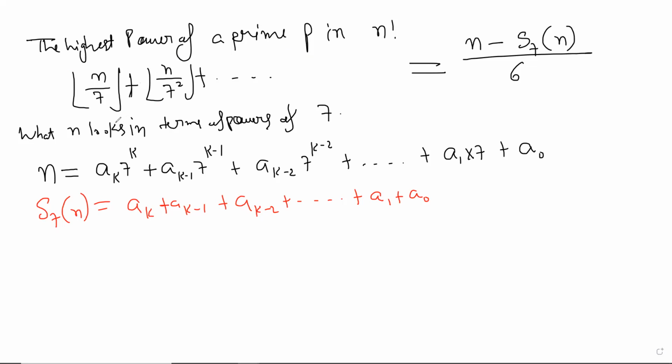You see, if you take n by 7, and take the floor of it, what is n by 7? It is nothing but a_k times 7 to the power k minus 1, plus a_(k-1) times 7 to the power k minus 2, and so on, down to a_1 plus a_0 by 7. Very clean.